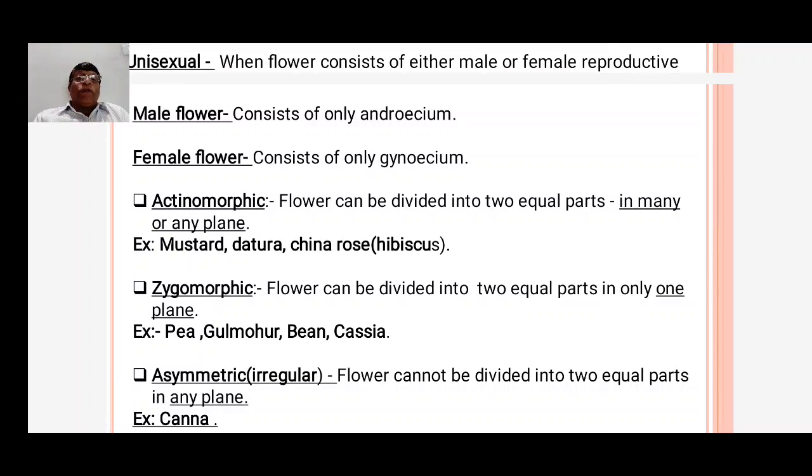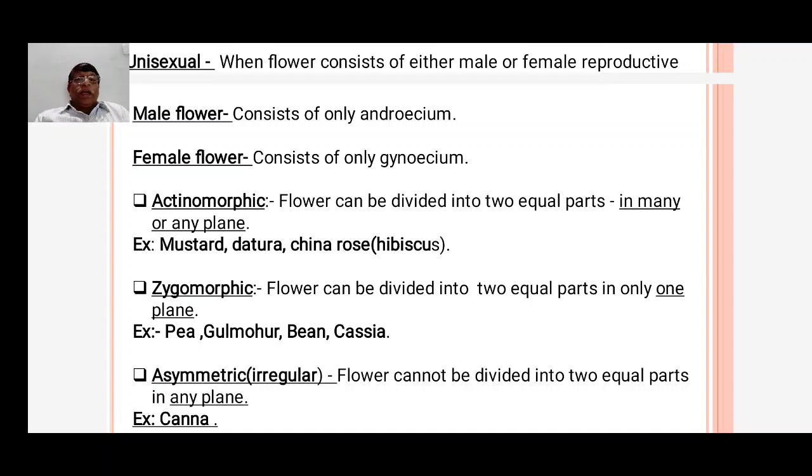What is an actinomorphic flower? It's a type of flower which can be divided into two equal parts in more than one plane or many planes. The flower can be cut into two equal parts. We call it radial symmetry. Okay, example, mustard flower, hibiscus, Dasavala flower.